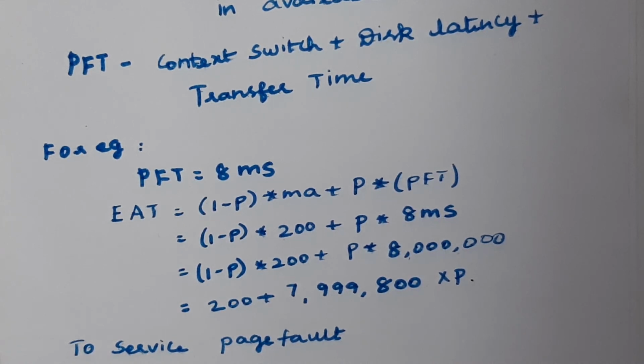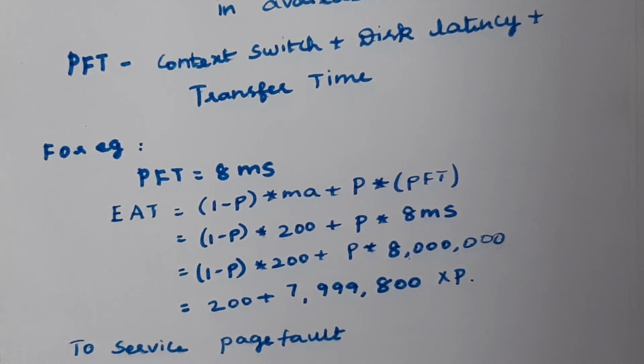Which means the computer will slow down by a factor of 40 because of demand paging, because on every access of the page it would get that page fault, and obviously it has to perform the demand paging process, so it will degrade the system performance.